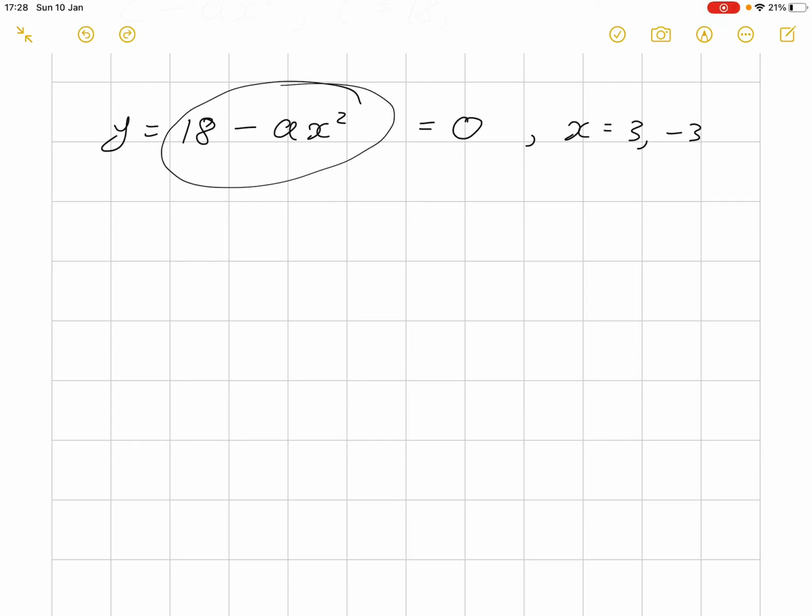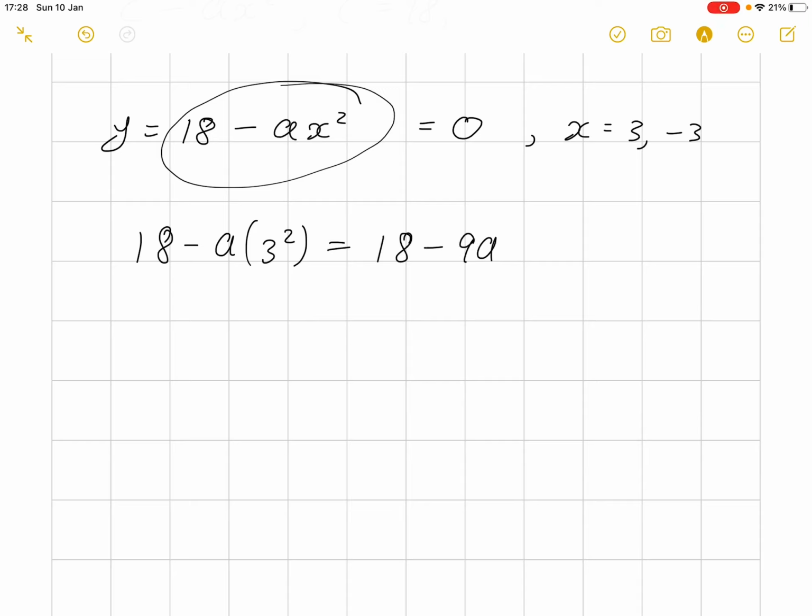Less negatives. So we have 18 minus a, x is equal to 3, therefore 3 squared is equal to 9, so 18 minus 9a equals 0.